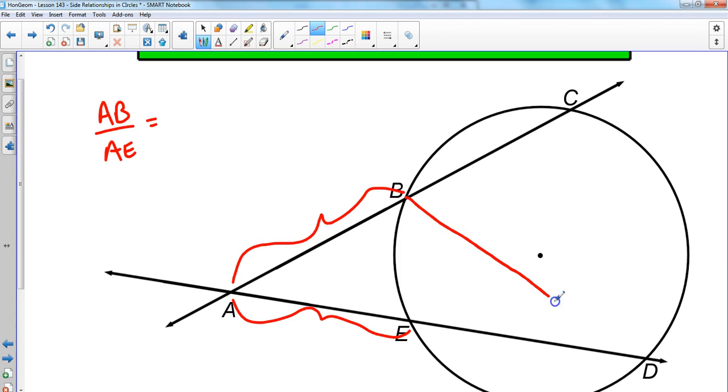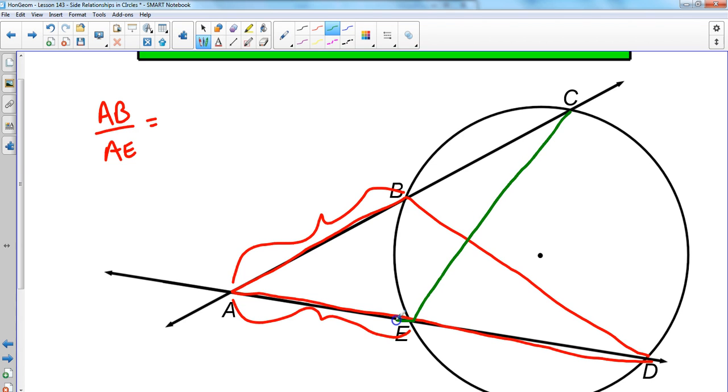So here's one triangle here. And then the other triangle, I'll just put in a different color here. It's going to be this green triangle right here. So just taking a look at these two different scenarios, we've got part times whole, part times whole.